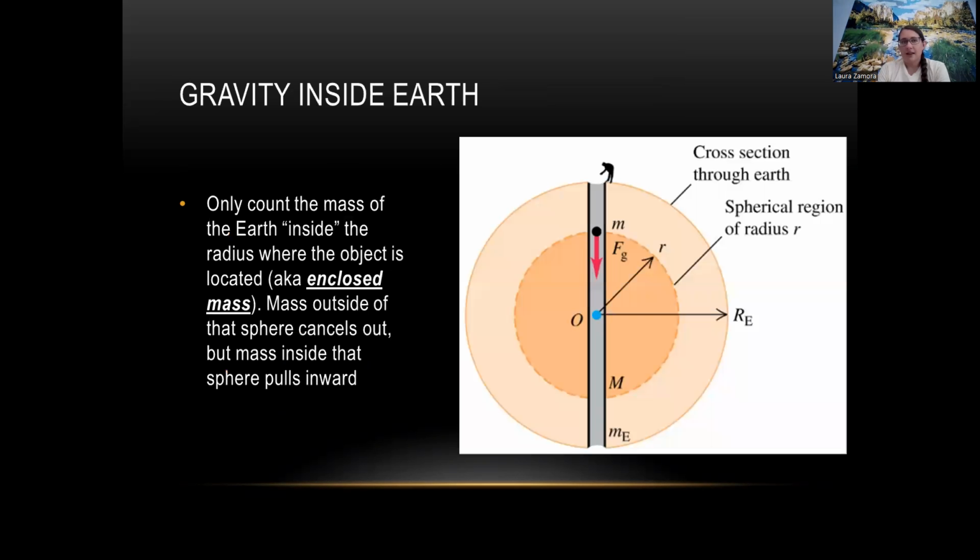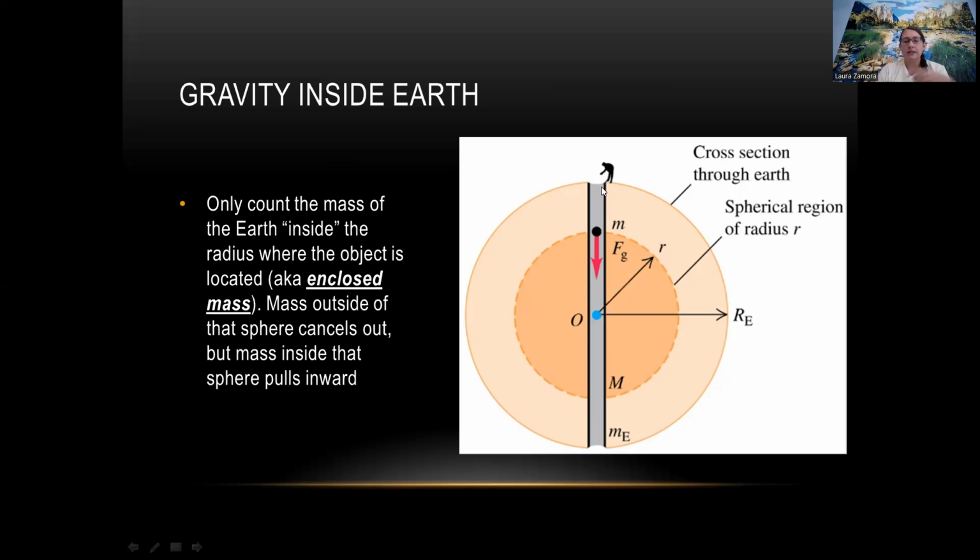So here's a picture of this scenario, right? Let's say we have this tunnel through the center of the earth. Right, here's the center, this blue dot, and we're dropping an object through that center of the earth tunnel.